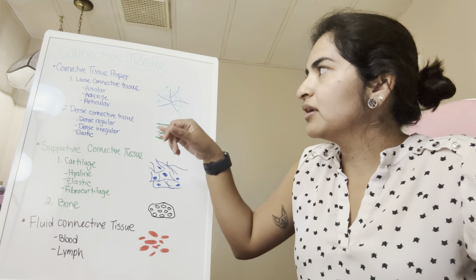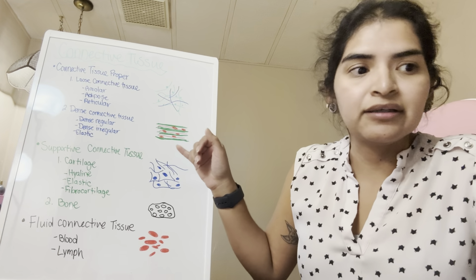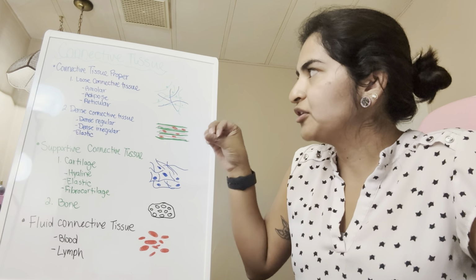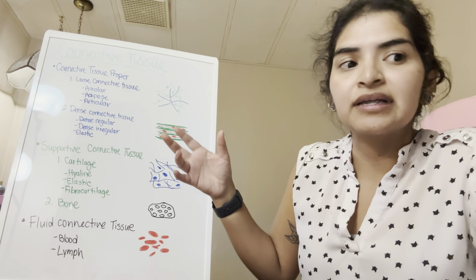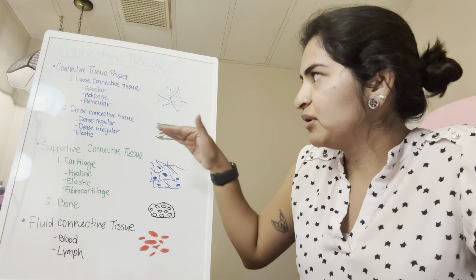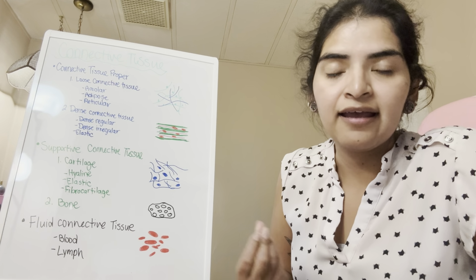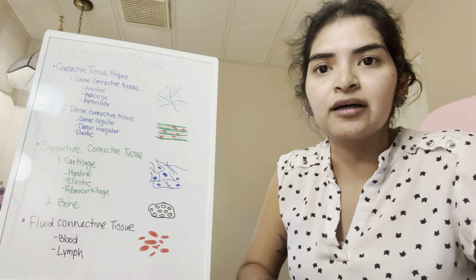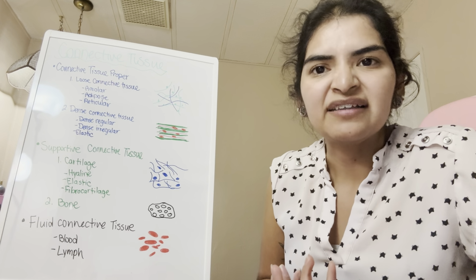There's areolar, adipose, and reticular, and the areolar binds the skin to the organs, so it's underneath the skin. And then for the adipose one, it's the one that stores the fat, so it'd be behind the eyes, around the organs, and they're just fat cells.